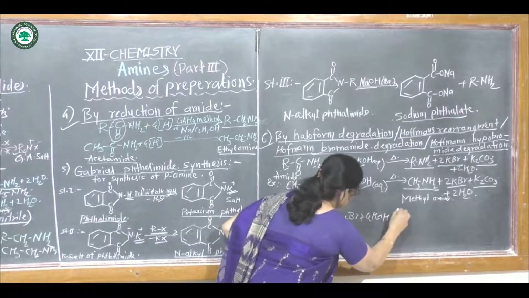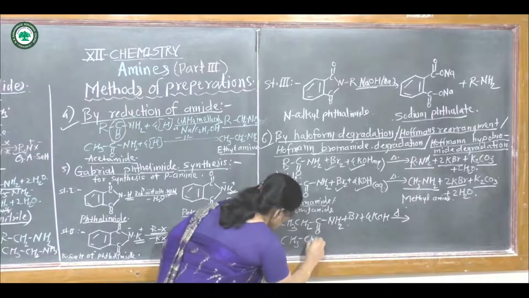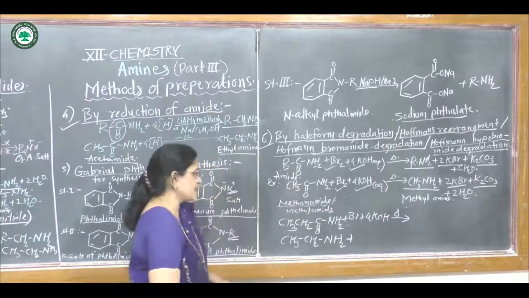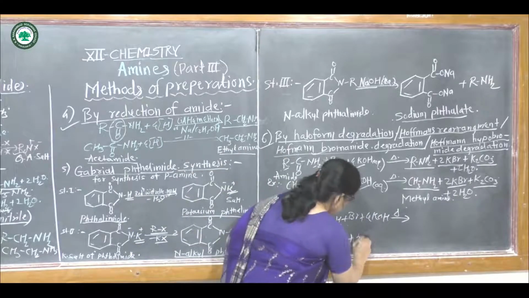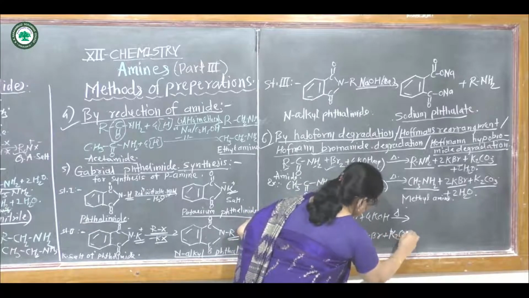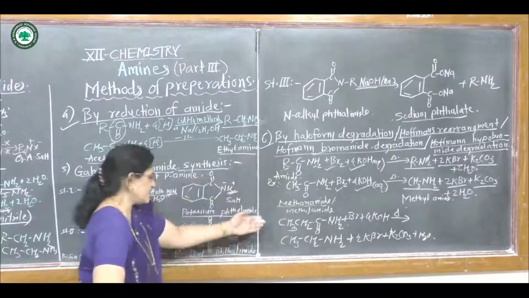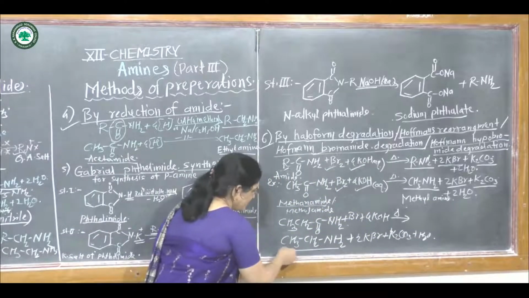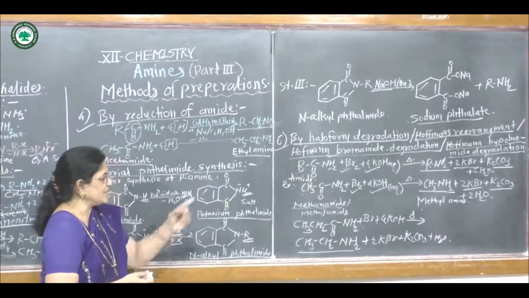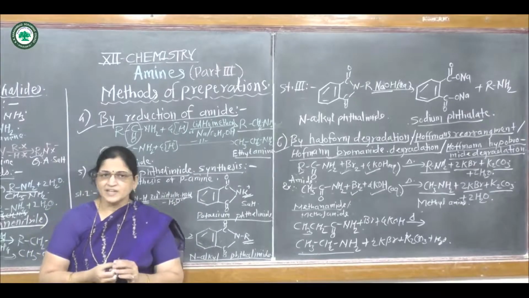Then on heating, it gives CH3CH2NH2 plus twice KBr plus K2CO3 plus H2O. In this way, it gives ethylamine. That means for preparation of any primary amine, this method is called Hofmann's bromamide degradation.